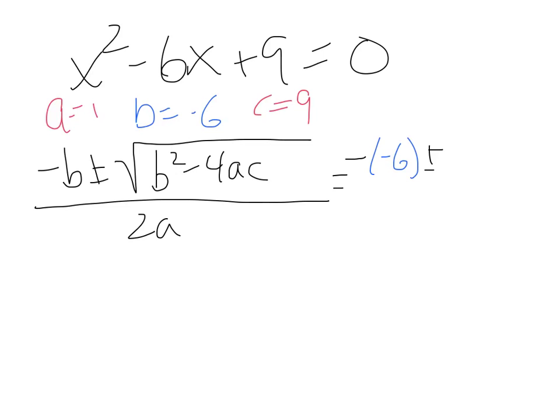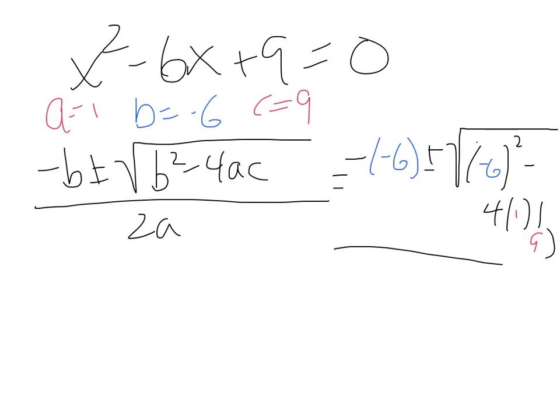Plus or minus the square root of negative 6 squared minus 4 times A, which is 1, times C, which is 9. Running off the screen here. Okay? And then that whole thing's divided by what? 2 times 1, right? 2 times 1.